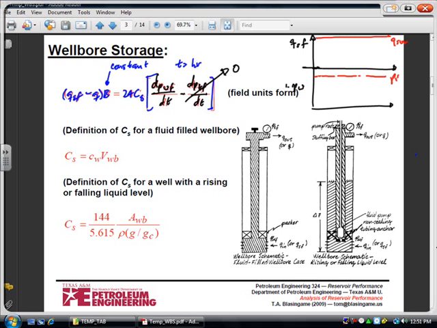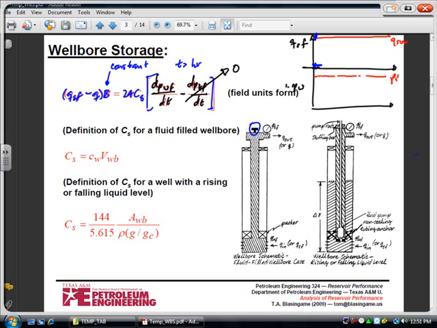Well, when I open this well right here, what's going to happen to the sand face rate? Is it going to be the same as the surface rate? Yes or no? If you say yes, then you will be in this class next semester. So why don't you say, no, it ain't, and then tell me where you would like it to be.